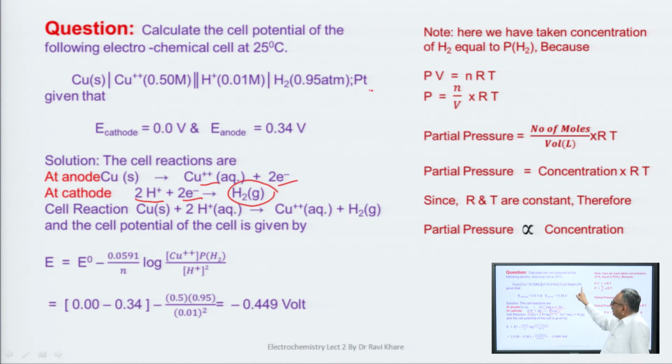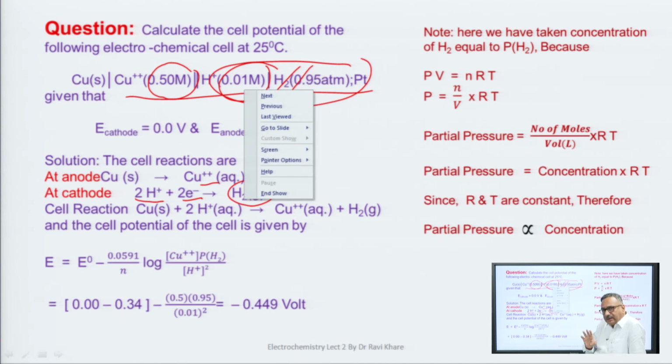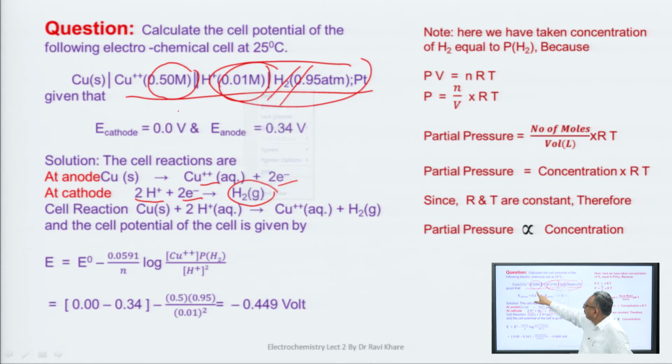In this cell, copper is combined with the standard hydrogen electrode. This is the standard hydrogen electrode. The concentration of copper ion is given, the concentration of hydrogen ion is given. You have studied that the value of the standard hydrogen electrode is 0, always taken as 0.